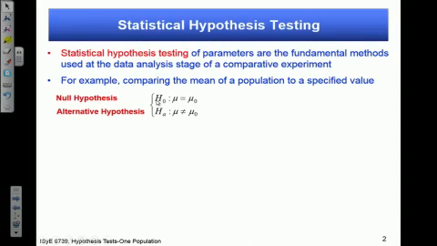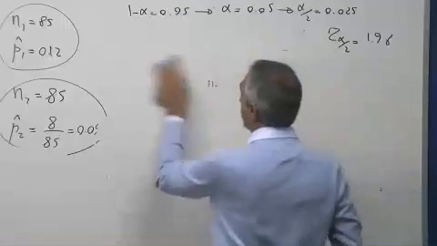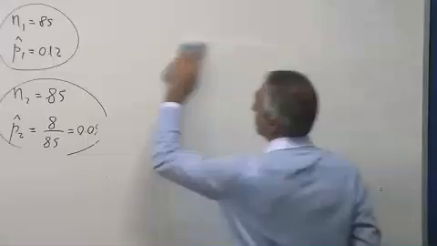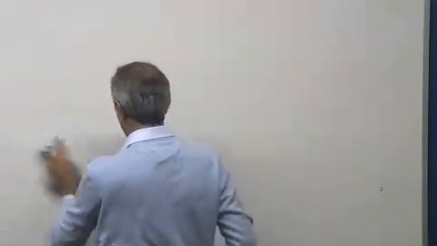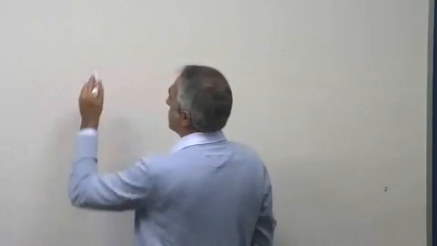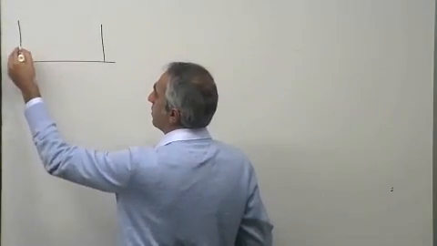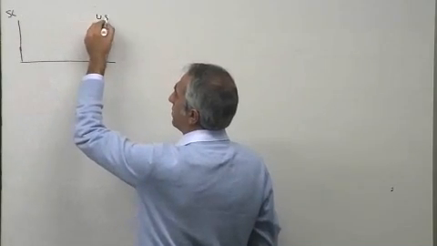For example, we want to see if mu, the average of a normal population, is equal to some number or not. Let's say a supplier says that... so you have some standard limits, lower and upper standard limits.